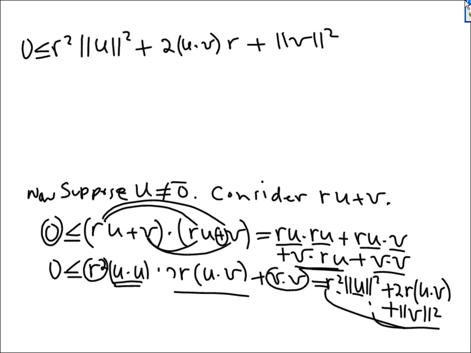The left-hand side looks like a quadratic equation. If I call this A, that B, and that C, basically I have A times r squared plus 2Br plus C, and I can always put the A in front.